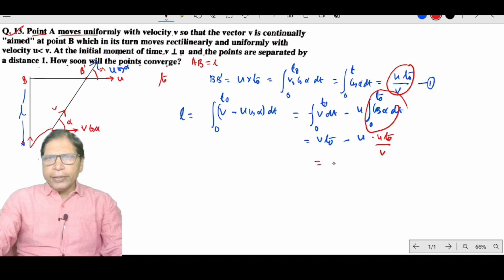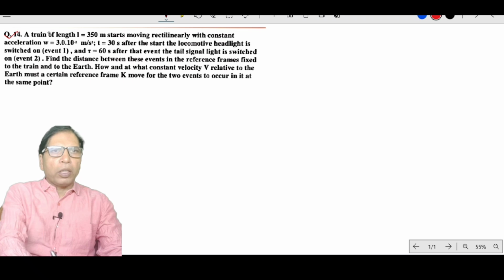Therefore, (v square minus u square) into t naught divided by v equals L. Therefore, t naught equals L v divided by (v square minus u square). Okay, understood?